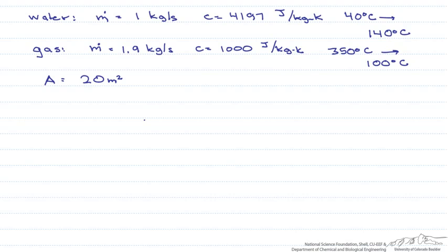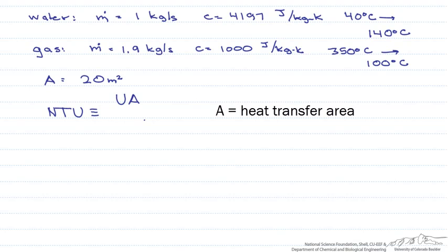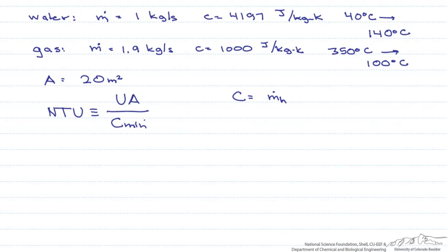By definition, the number of transfer units, or NTU, is equal to U times A divided by C sub min. And our C, which is known as the heat capacity rate, can either be the mass flow rate of the hot fluid times its heat capacity, or the mass flow rate of the cold fluid times its heat capacity.